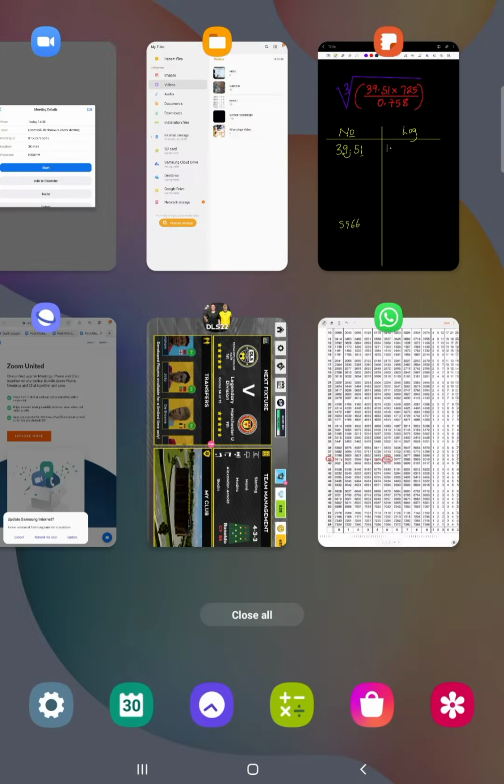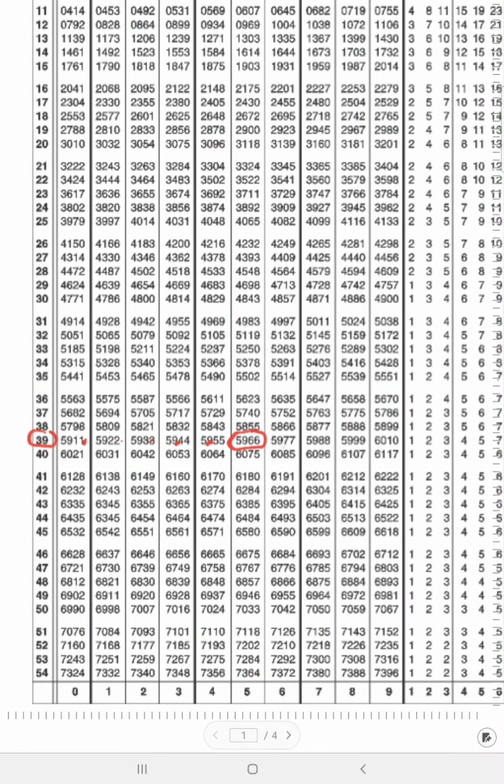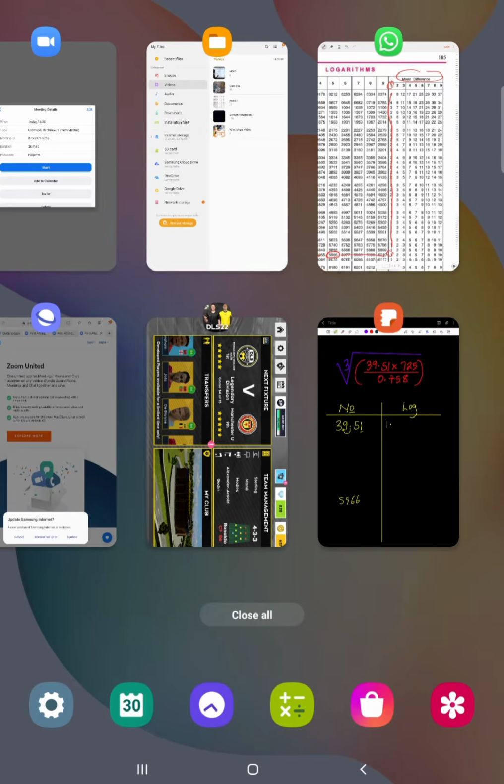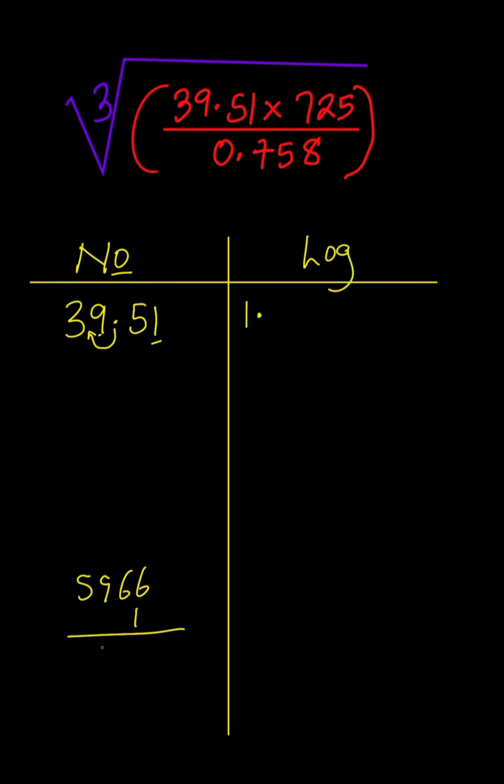In the logarithm table, you check for difference of 1. So trace it in the same line. Difference of 1 is the first number you have here. So trace it down from that 1 to that particular level. So it's here. Difference of 1 is still 1. So you've got to add 1 to this number. If you add 1, you have 5967.